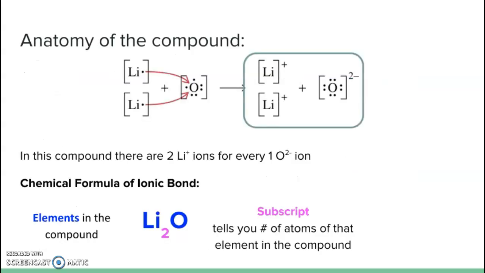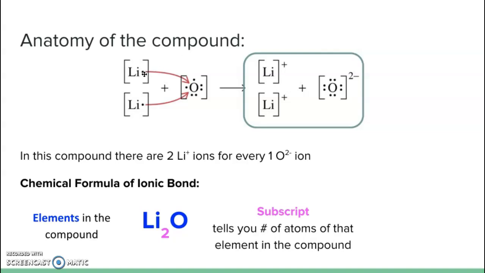All right. What I want you to do right now is you can pause the video because I want you to draw this example of lithium and oxygen in your notes. Okay. So, same thing that we saw with Mg and Cl, right? Lithium has 1 valence electron, okay? Oxygen has 6. So oxygen wants to gain 2.